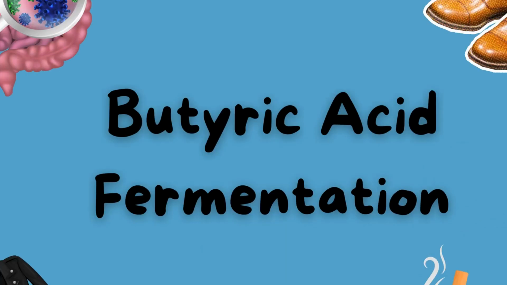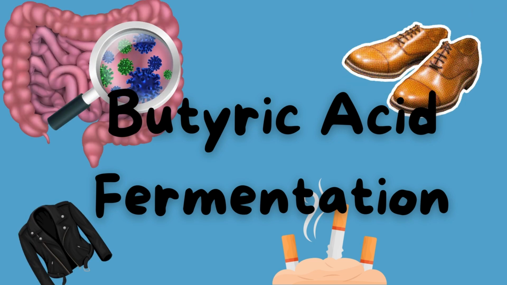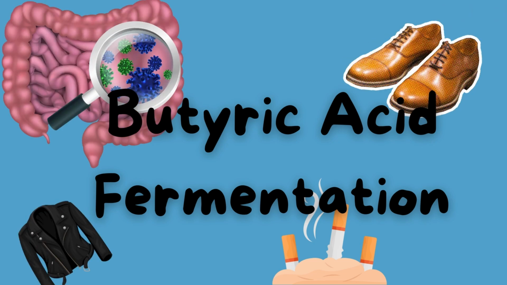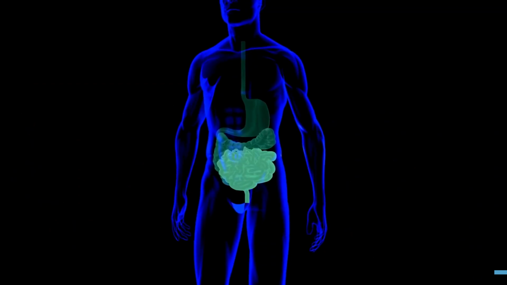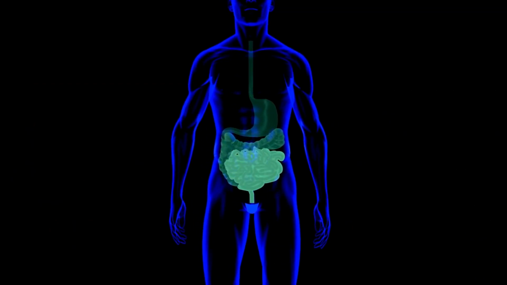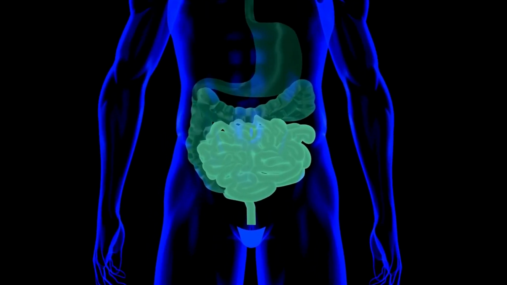Now the fourth type of fermentation, which is not very popular, is called butyric acid fermentation. This one occurs mainly in tobacco processing and the making of leather. It also happens in the human colon, where the fiber in the food that we eat undergoes fermentation.